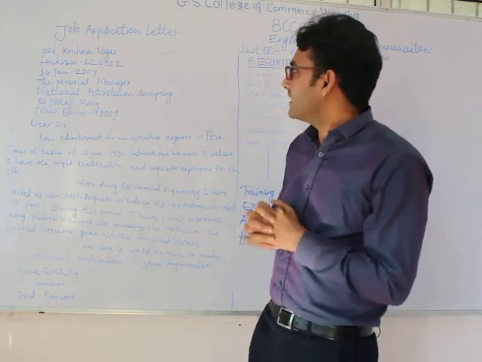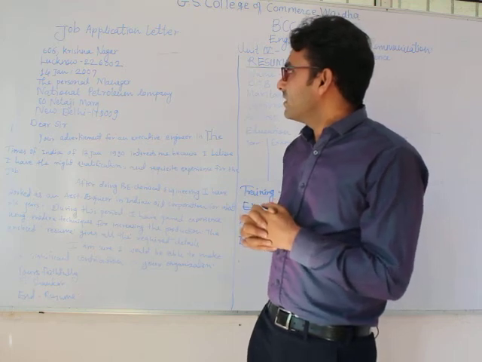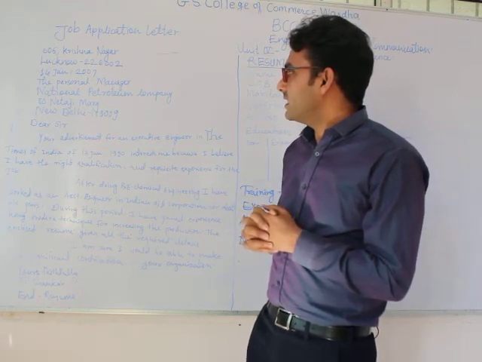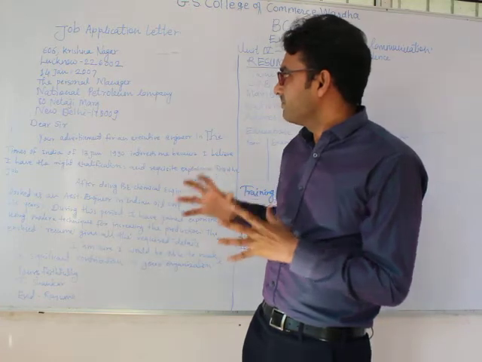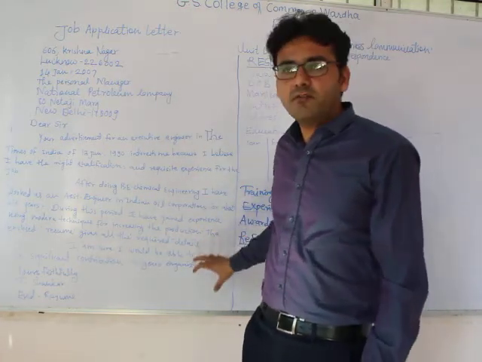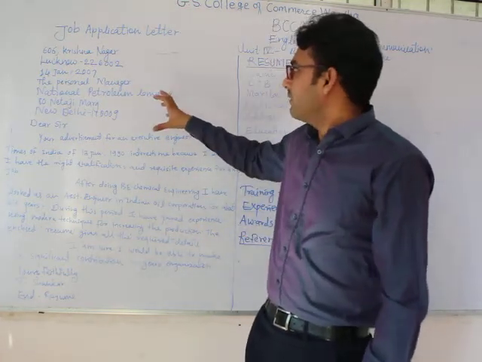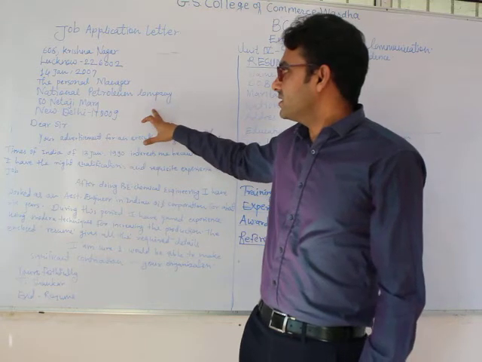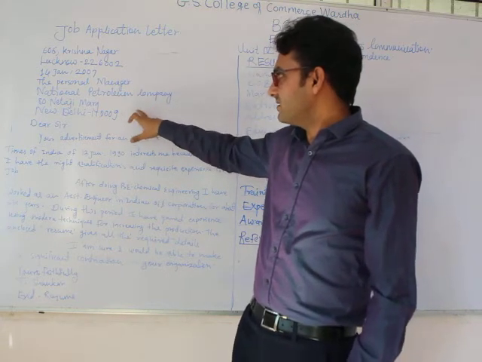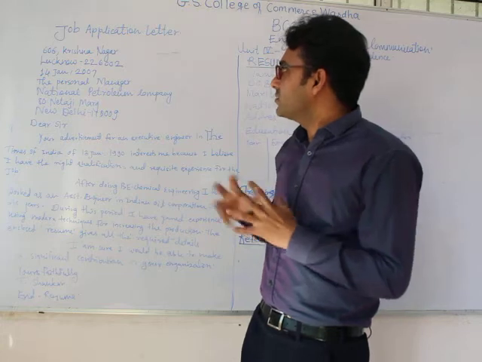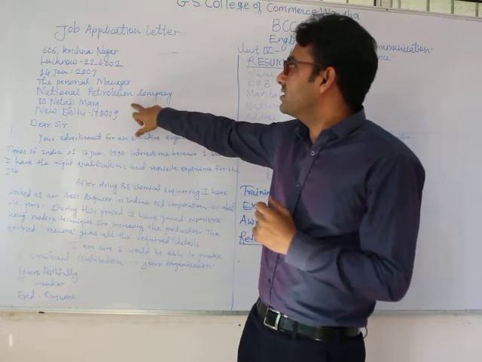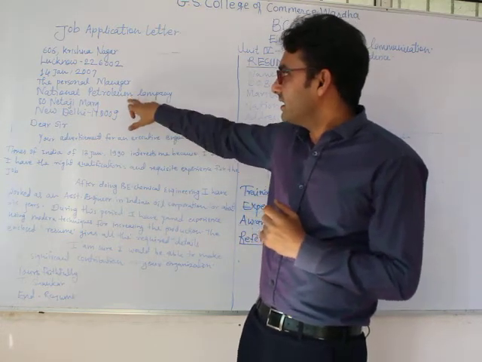For example, when you are writing a job application letter, you will have to focus on this standard format. When any organization is publishing the advertisement, you will have to write the organization name here in the heading corner.